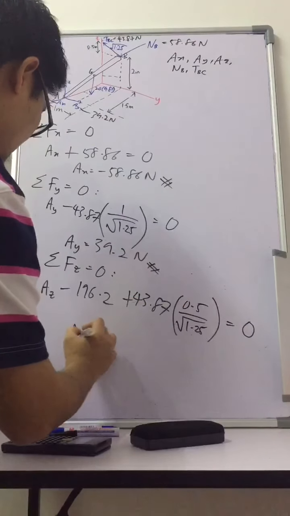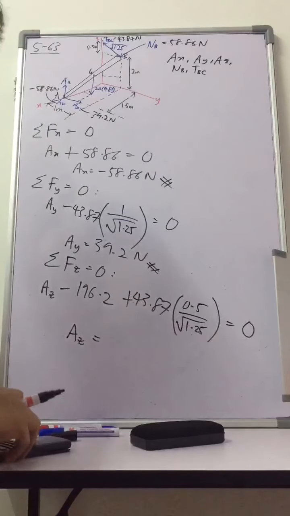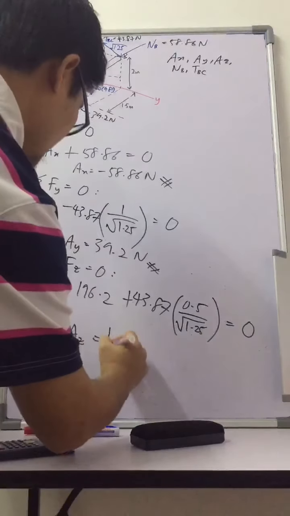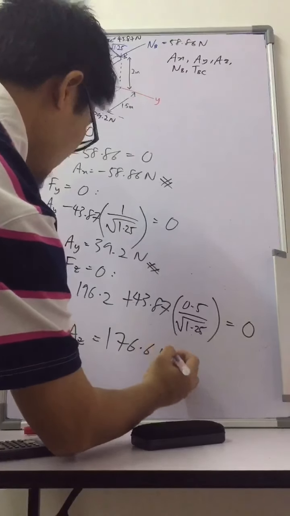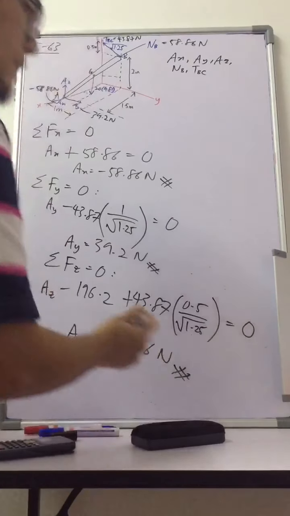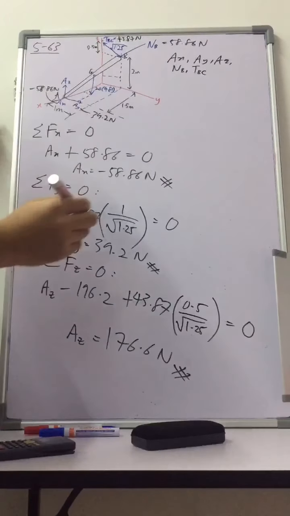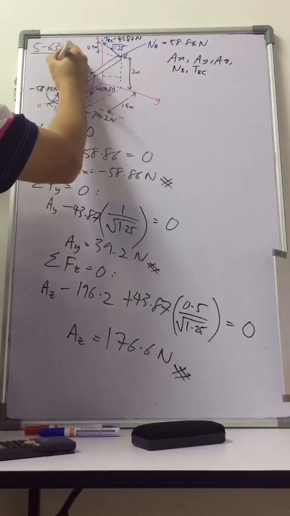So your AZ, hit the calculator: 43.87 times 2.5 divided by root 1.25, and then minus 196.2. So your AZ is 176.6.